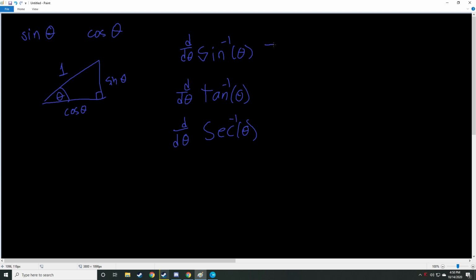The way I remember them is that the ones that have an S in them have a subtraction sign. So the derivative of sine inverse is 1 over the square root of 1 minus theta squared. This one has a T that looks like a plus sign. It's going to be 1 over, there's no root, 1 plus theta squared.